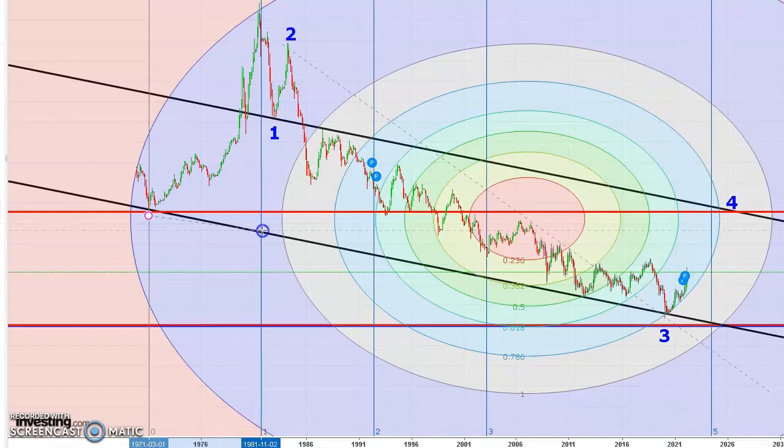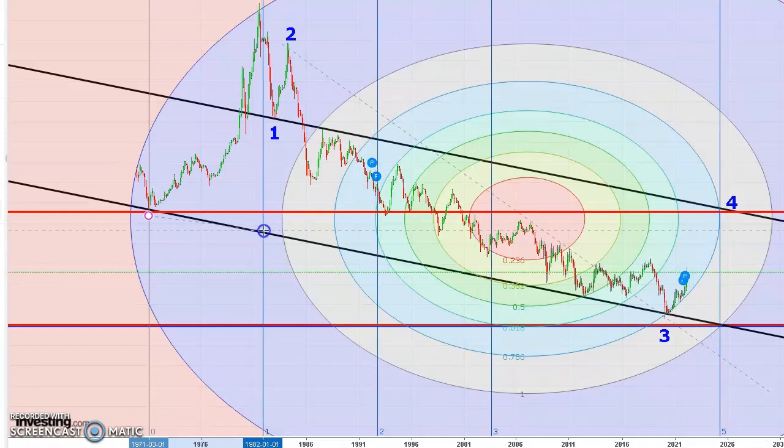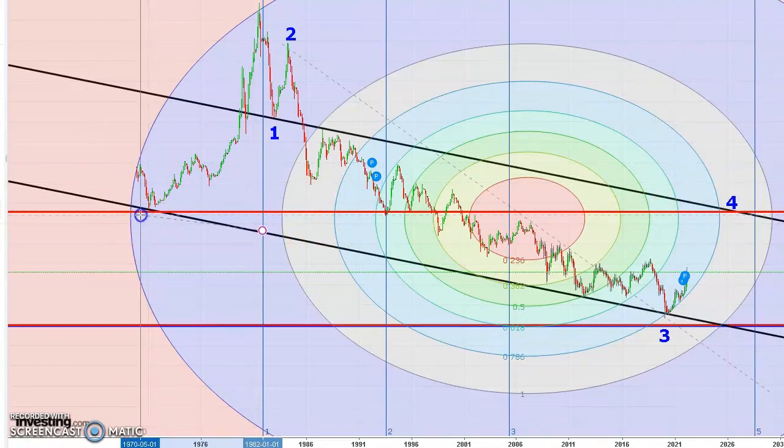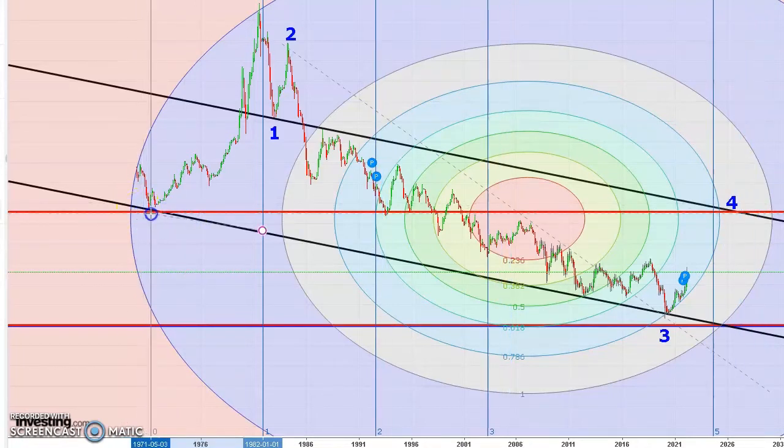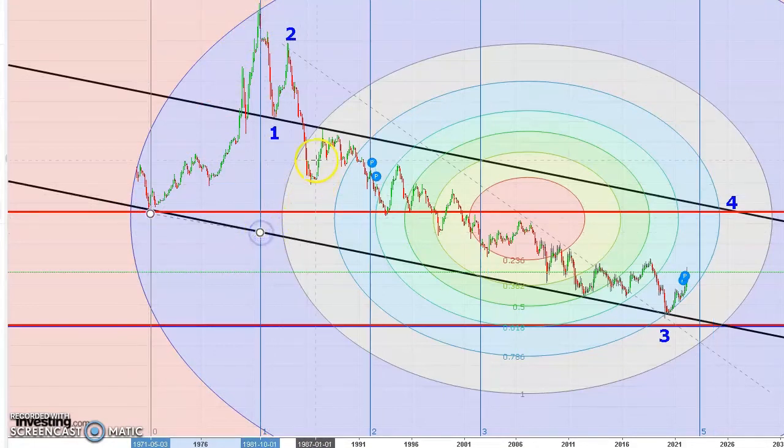And so here I'm drawing the initial measurement, back to the low in 1971 all the way up to the high in 1981. That's basically a 10-year period. And then you see the expansion therein through time.